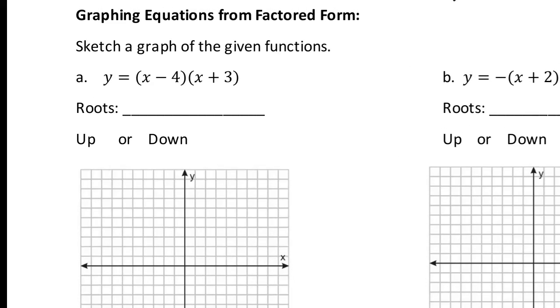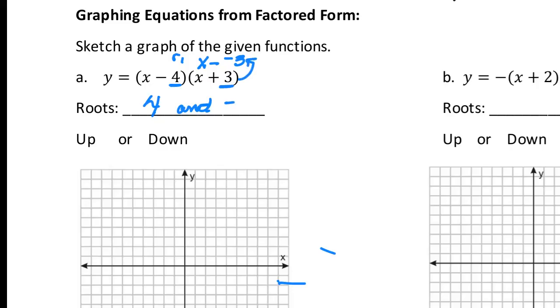Well, let's see. I know the roots were x minus root 1 and x minus root 2. So the root here, x minus, that means my root is 4, but this does not say x minus. So this would be x minus -3, right? And that's why they changed it to +3.